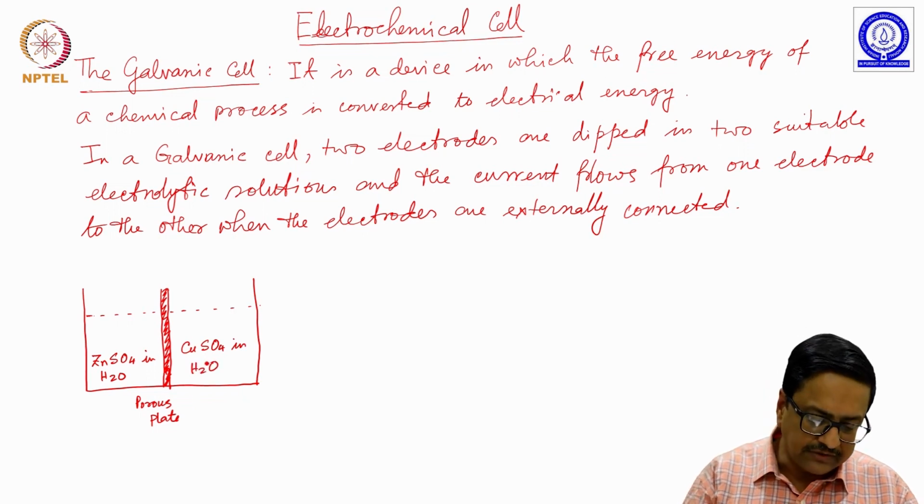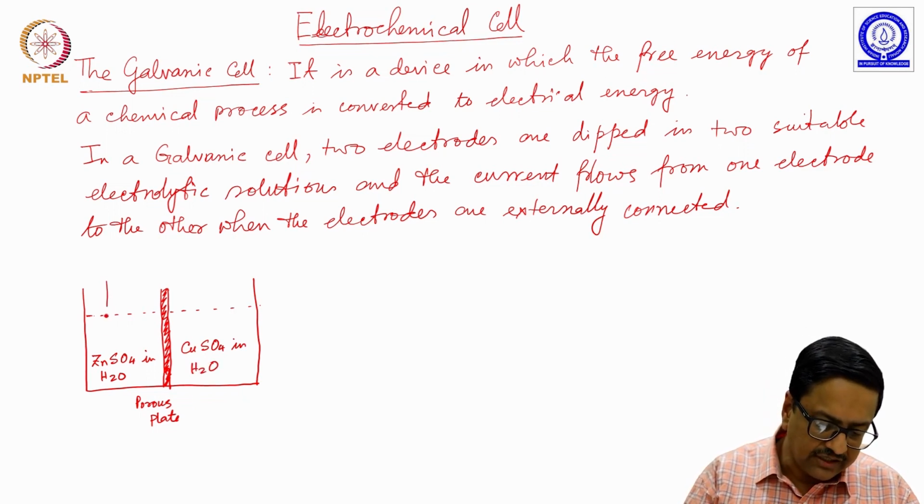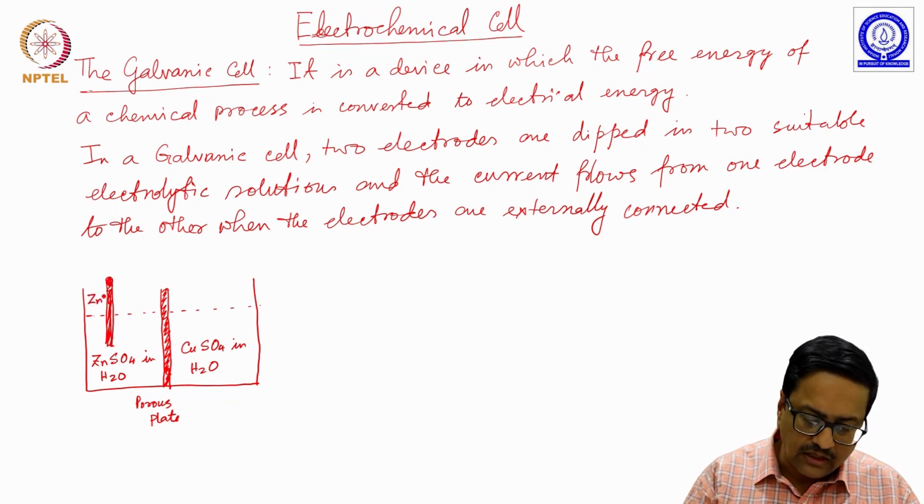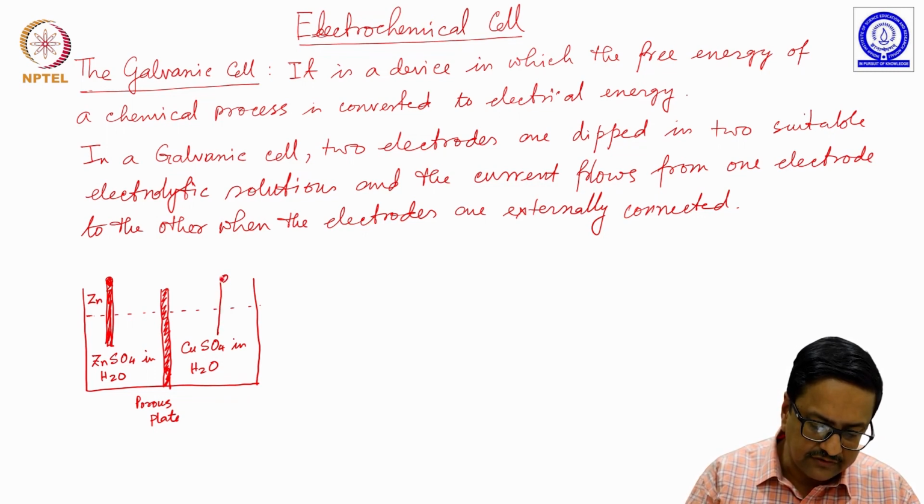In these two compartments we have dipped two electrodes. On the left hand side compartment we have a zinc electrode, and on the right hand side compartment we have a copper electrode.